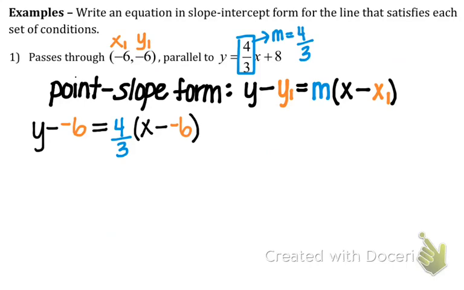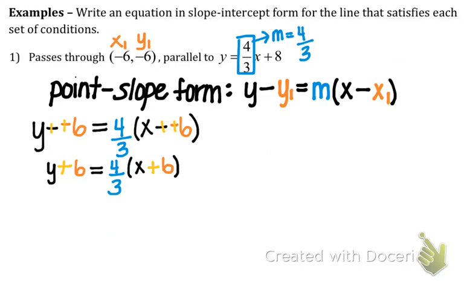So let's do a little simplifying. y minus -6, minus a negative turns into a positive, so we have y + 6, which is equal to 4/3 times the quantity x, again minus a negative turns into a positive 6.